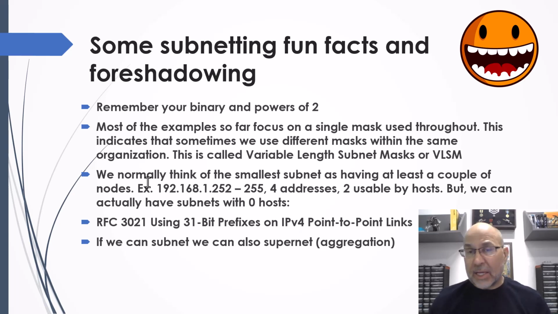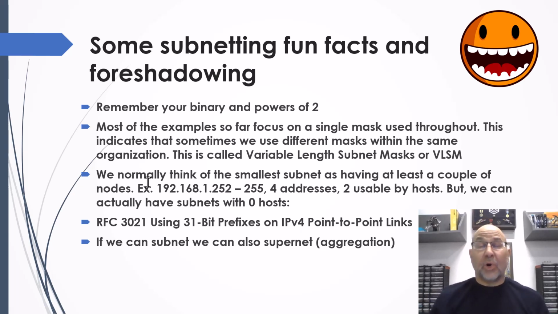So the mask would be 255.255.255.252. That only gives us 4 addresses, right? Because when you do .252 in the last octet, there's only 2 bits left for hosts. So you have the subnet ID, the broadcast ID, and then 2 addresses for hosts, and one of them is going to be a router.